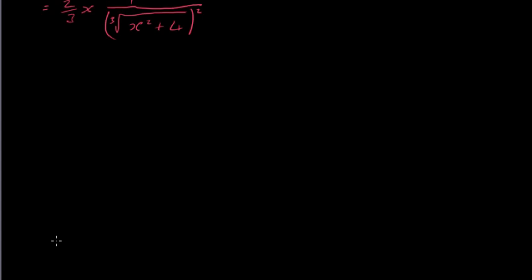Let's have a look at y. In this case, y is equal to x cubed minus 25, and this is to the power of 2. So we want dy/dx. So we're going to let u here equal to x cubed minus 25.